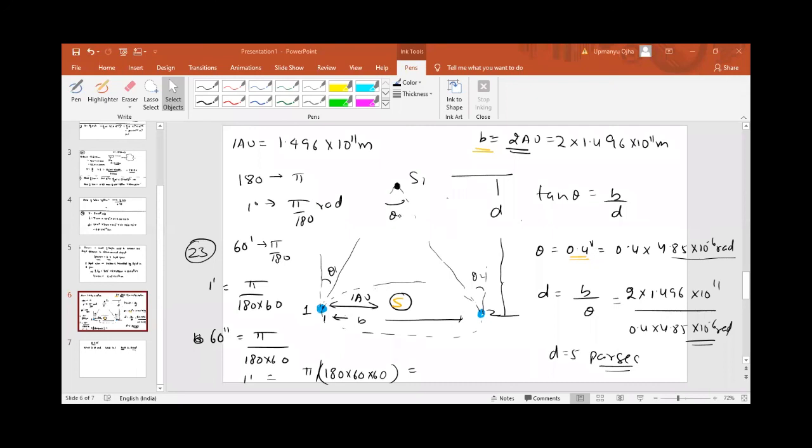The star angle has changed as theta, which is 0.4 seconds. So theta will be equal to how much? 0.4 second. Okay, fine. Now, how we got 0.4 second?